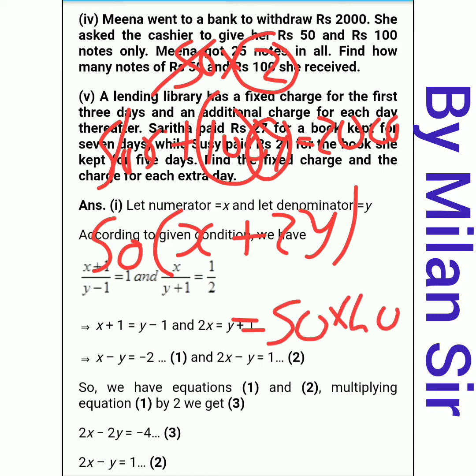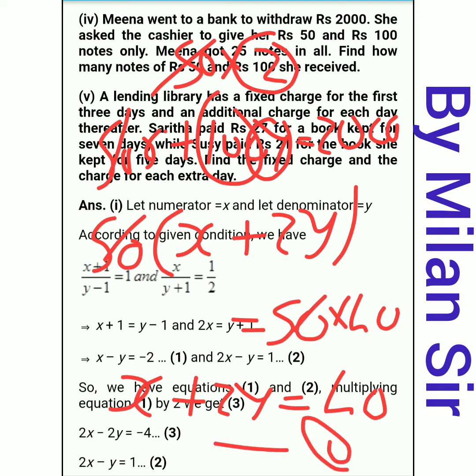On the left-hand side we take 50 as common, so 50 in bracket x plus 2y is equal to, right-hand side 2000 means 50 into 40, so 50 cancels from both sides. So finally we get x plus 2y is equal to 40. This is our equation number 1.